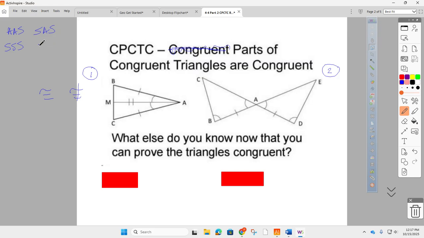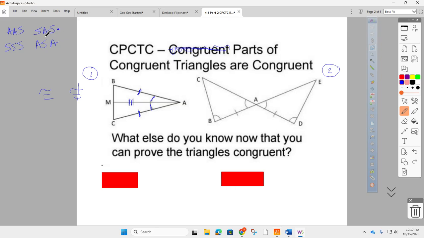Angle, side, angle. So, congruent side, congruent side, congruent side, we're sharing that one, and a congruent angle. So we have 2 congruent sides and 1 congruent angle. So the only possible one would be this one.